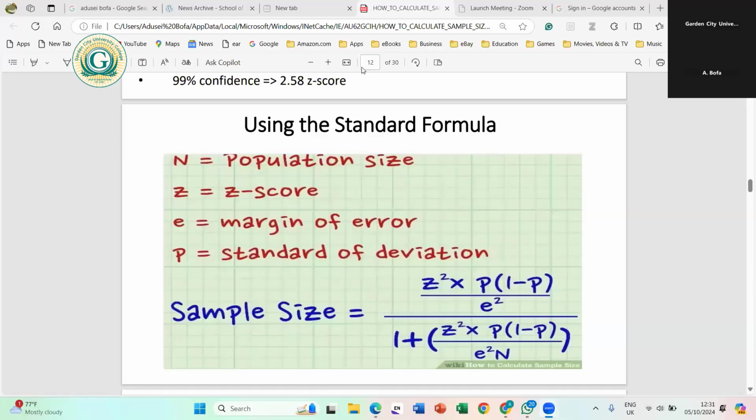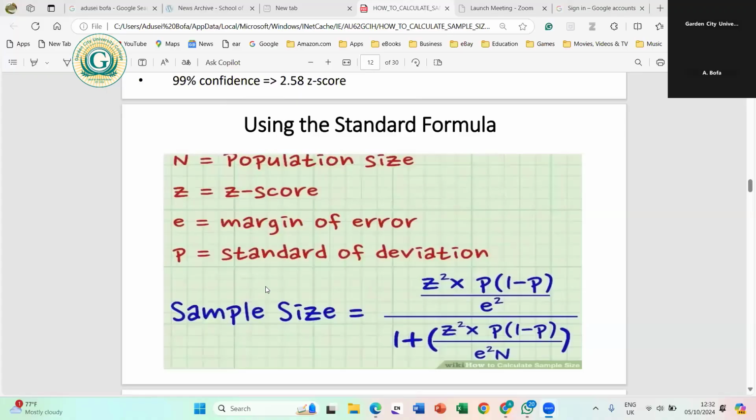So this is the formula. I remember last semester I gave them a list of formulas to choose from, so you will have to fish out the formula. If you don't know which one to use, then it's up to you.